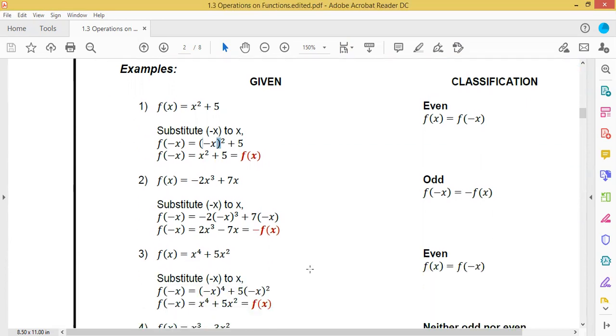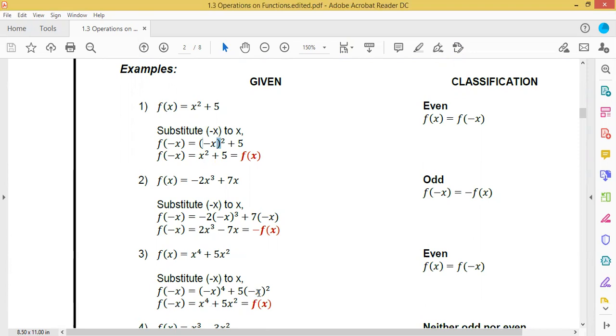Let's go to the third one. x to the fourth plus 5x squared. We substitute negative x to the value of x. So we have negative x to the fourth. It's an even exponent. So the answer is positive, x to the fourth.